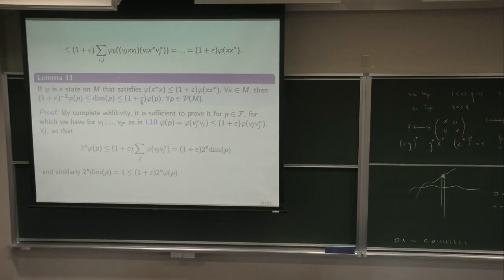You remember, F was those projections which had dimension 1 over 2 to the n, for which we have, with the V1, V2, up to V2n as in lemma 10, that phi of P is phi of Vj, Vj star, is less than this for all j's.